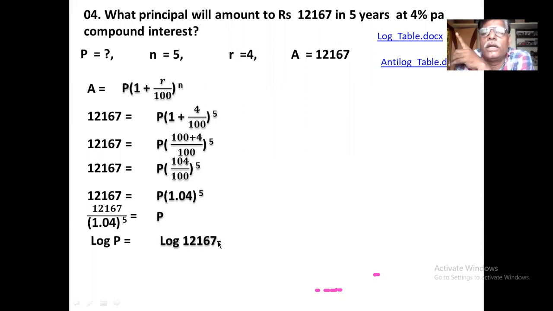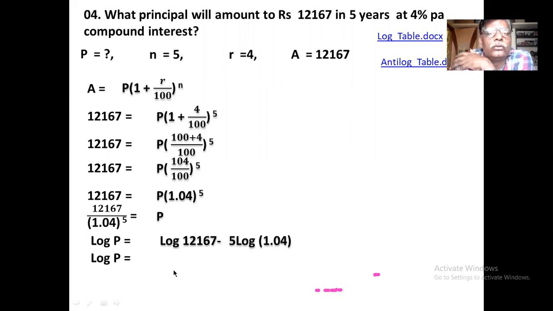For multiplication, the logarithm sign is plus. For division, the logarithm sign is minus. Remember this. Okay. Log 12,167 minus 5 log 1.04. Then you see the logarithm table.